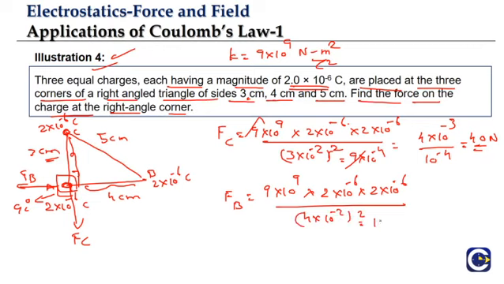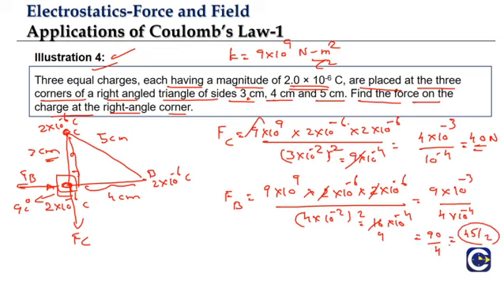So 2 2s are 4, and what we will have is 9 into 10 power minus 3 divided by 4 into 10 power minus 4, which is 90 by 4, and we can write it as 45 by 2.